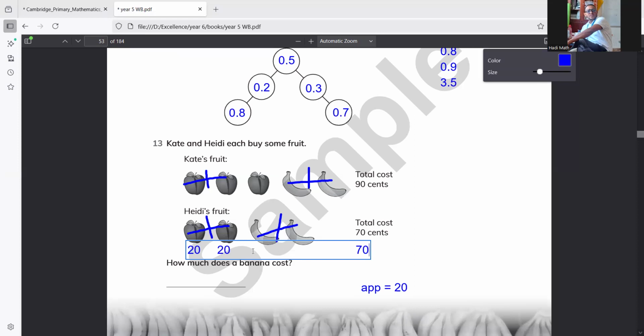So the 2 bananas together give you 30. Now you don't need the 2 bananas, you need only 1 banana. The 2 bananas give you 30, so 1 banana is equal to 30 divided by 2, and 30 divided by 2 is equal to 15. So you see, it is 15 cents.